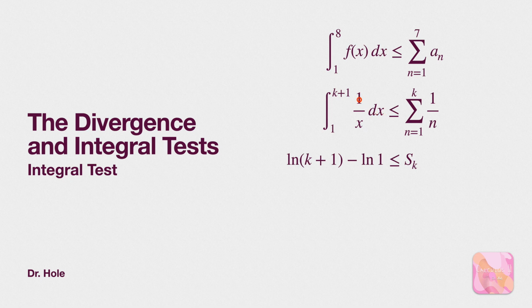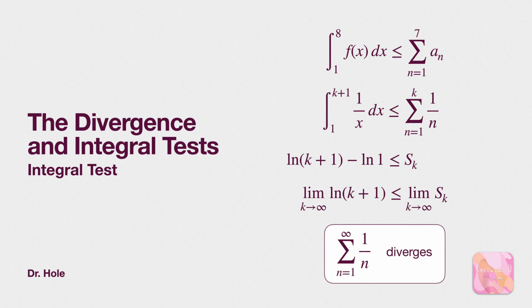Well, the nice thing is that we have on the right-hand side s sub k. On the left-hand side, we can evaluate the antiderivative of 1 over x, which is ln of x, evaluated at bounds, produces a difference of logs. Log of 1 is 0. And then log of input, getting larger and larger and larger, will produce larger and larger values.